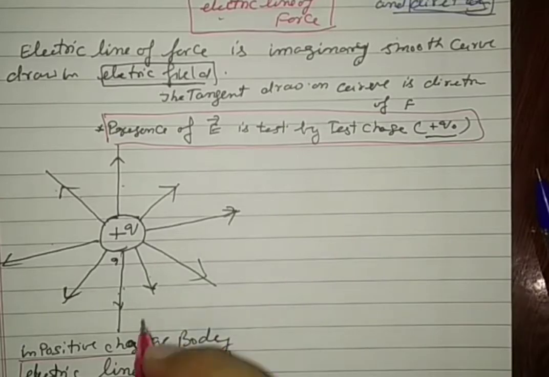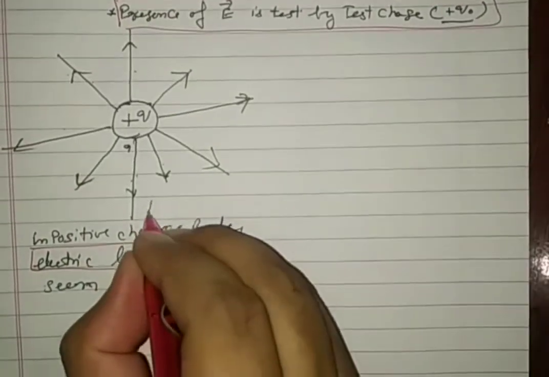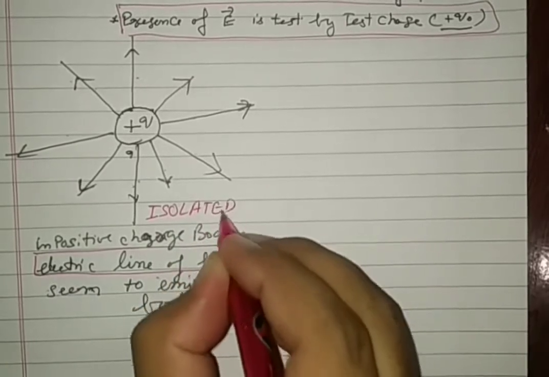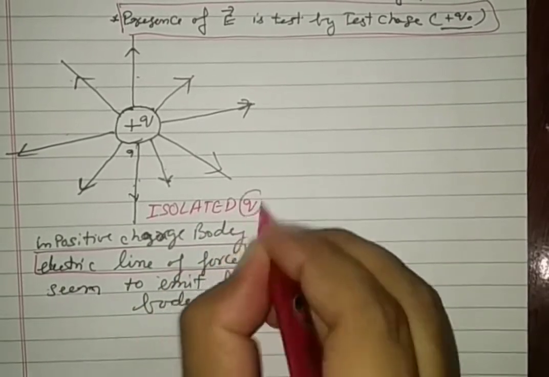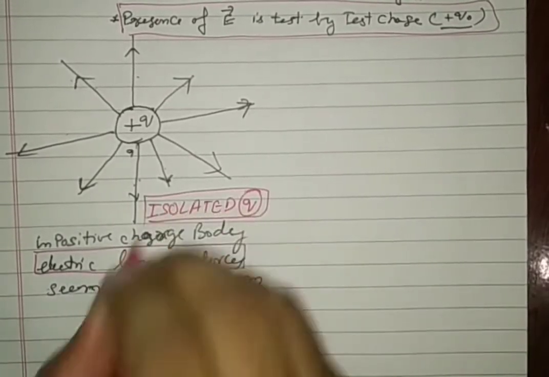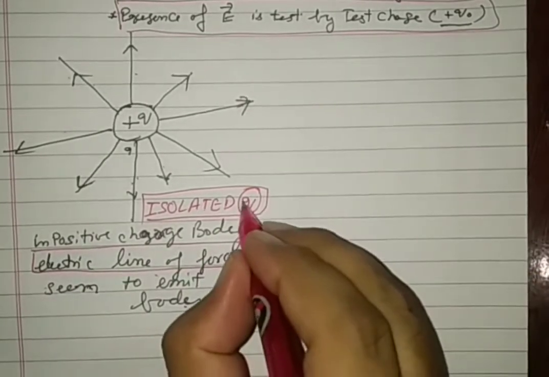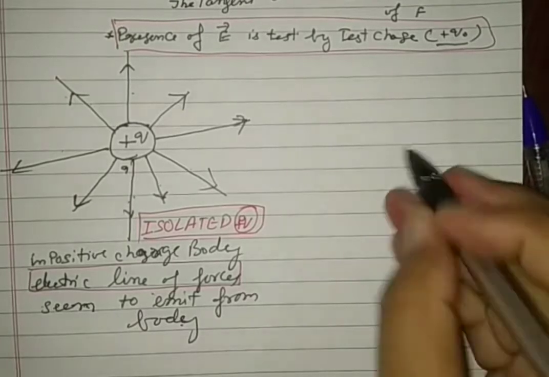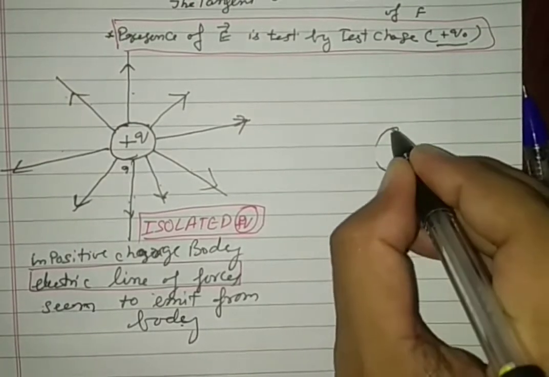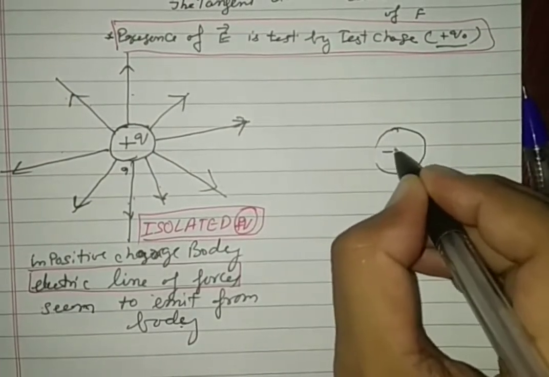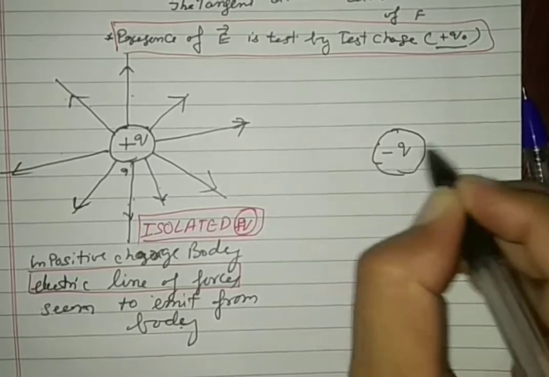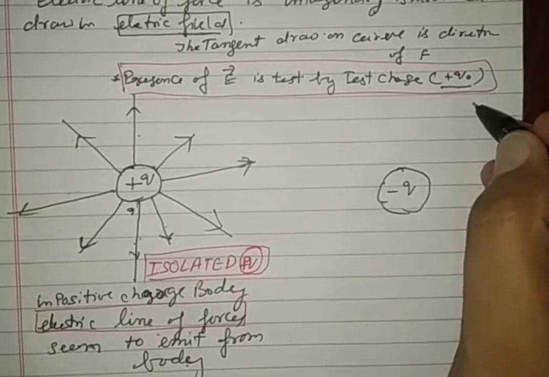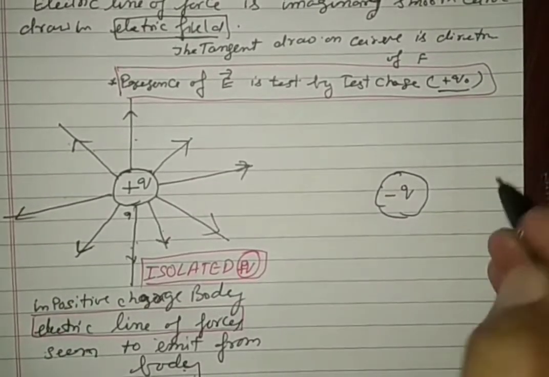While this is an isolated charged body, see very carefully, an isolated charge, and this charge is positive. If we have an isolated negative charged body and we keep a small positive test charge, the positive charge is attracted towards the negative charge.